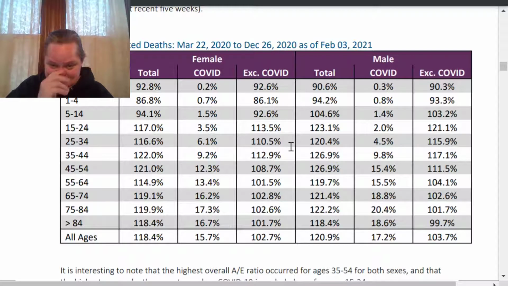Another thing to note, okay, so we have female. Note for female versus male, the excess mortality. You have to remember, when we're doing this excess mortality, this actual to expected, the expected death rate for men is already higher than female.